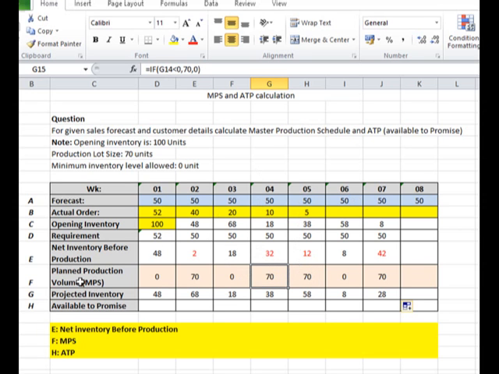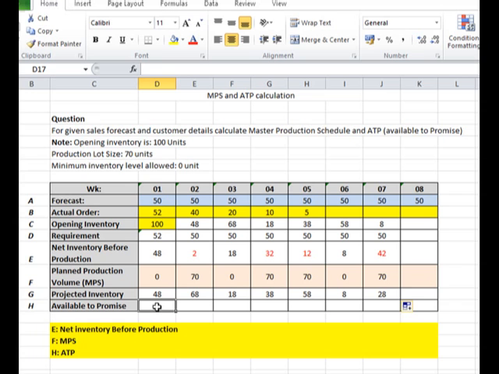This was for MPS. Next is available to promise. What's available to promise? Available to promise is the quantity, or extra quantity, that we can offer to the customer regardless of the actual order quantity. Like if the customer has ordered 52, then whatever value I get over here, I can offer him that much extra without disturbing my production cycle.